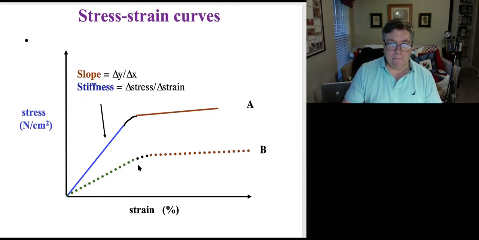For our bone here, we've got a flatter slope, and that means that for this individual, what we have is a bone that's not as stiff. It also turns out to be not as strong as well. This might be the bone from a child, like a 10-year-old child, for example.